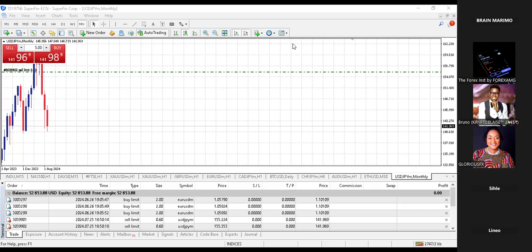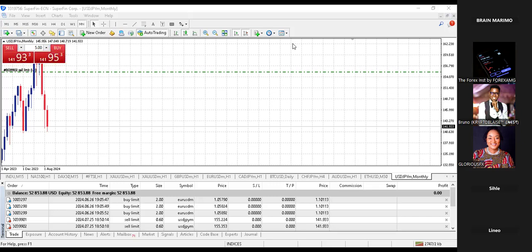Mine is more of GBP USD. I think only, not even more, only GBP USD. That's what I focused on. Recently, I've been trying to follow USD JPY and GBP JPY, but I've not really traded them. I'm just following their movement and trying to understand how they move.